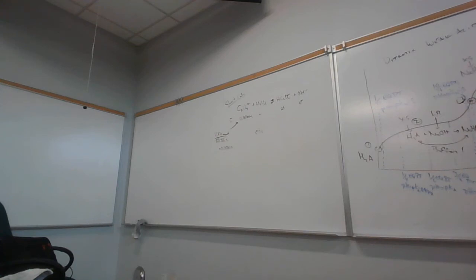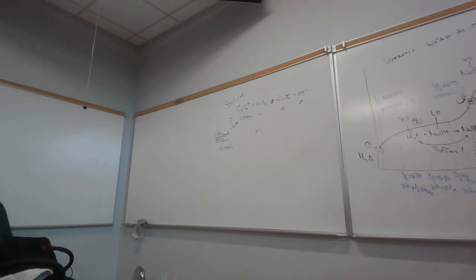Second equivalence point. We started off with 25 milliliters of oxalic acid to 4 sig figs. To get to the second equivalence point, how many milliliters of base do I add? 50. So this is going to be plus 50.00 milliliters of NaOH. The first step here is solution dilution. 25 and 50 gives us a total of 75.00 milliliters of total solution.